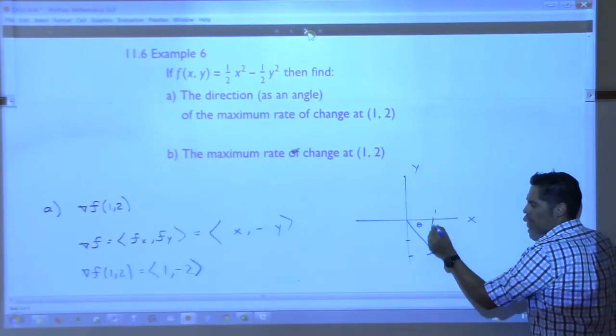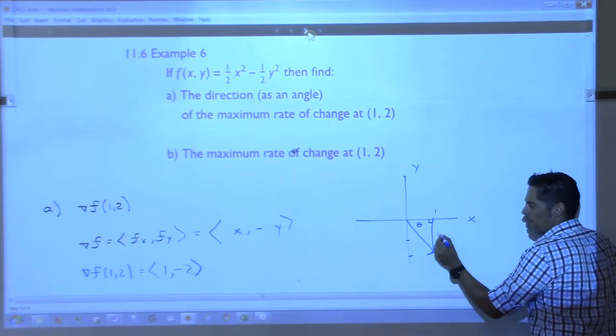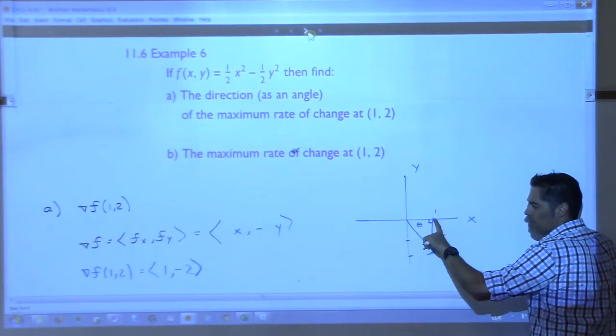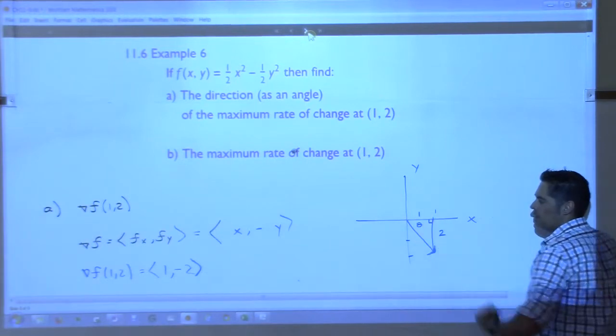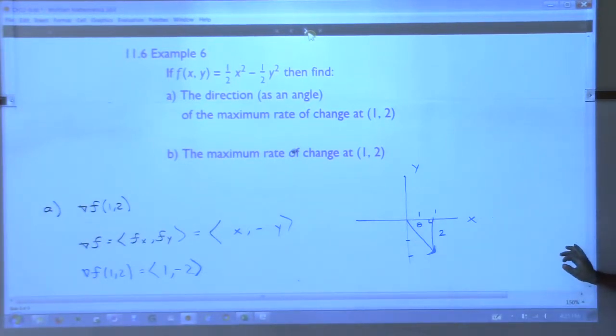So draw a little right triangle here. Wouldn't this side be 2? Like as a magnitude, that would be 2, right? And then this would be 1. So how can you recover the angle out of that triangle? Yeah, you're going to need a tangent function, arctangent on your calculator, right?